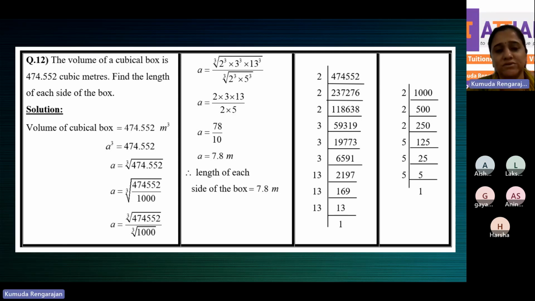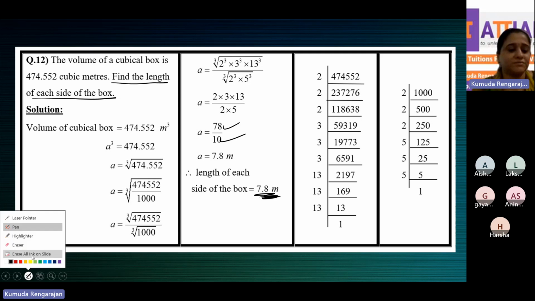Now the product of the numbers in the numerator is 78, the denominator is 10. 78 by 10 is 7.8. So the length of each side of the box is 7.8 meters. That's the question: find the length of each side of the box.